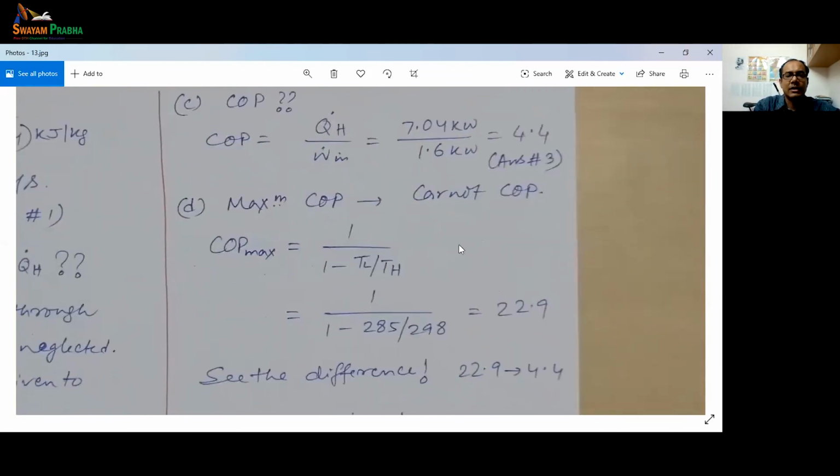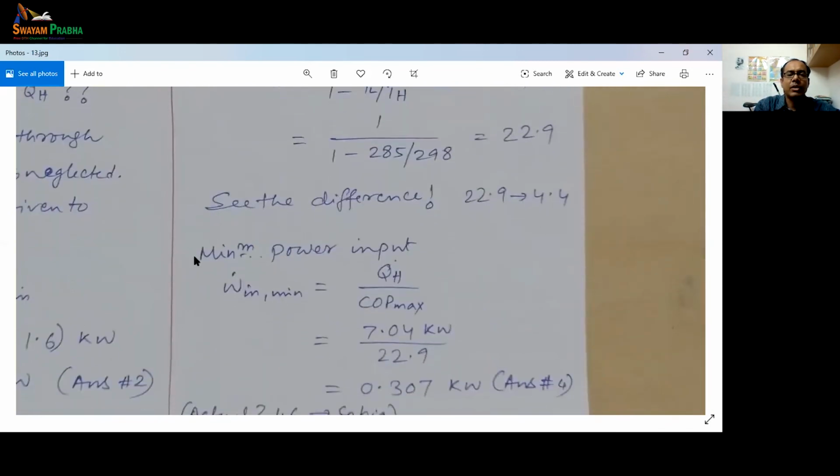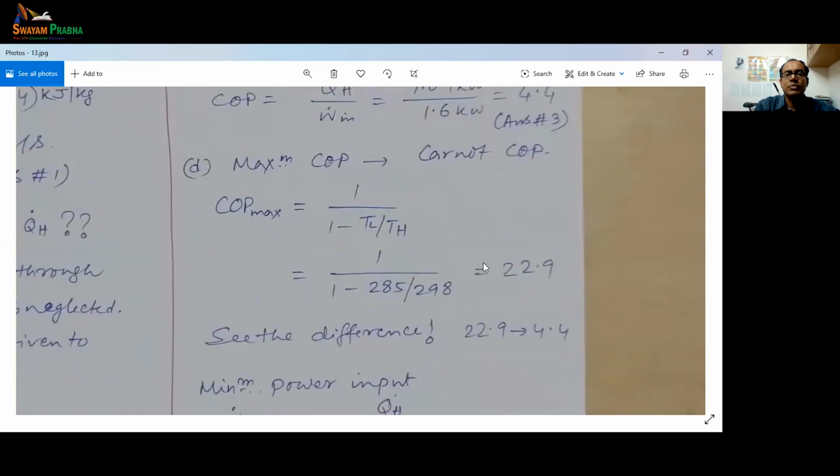Now the last part asks what is the minimum power input. Minimum power input means when the coefficient of performance is maximum, with minimum work input you can put maximum heat to the high temperature reservoir.